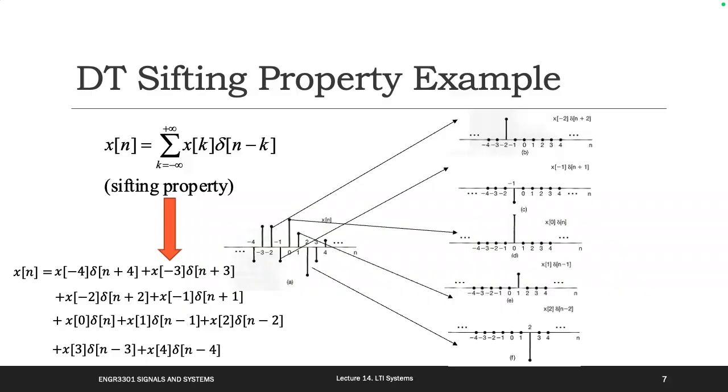Let me ask you a question. Maybe here is a tricky thing to understand. Why is our xn a sum, adding them together?